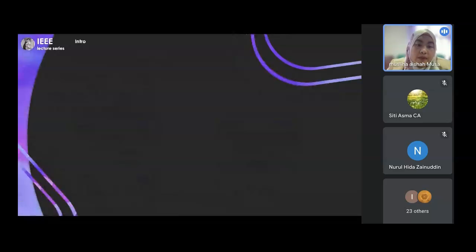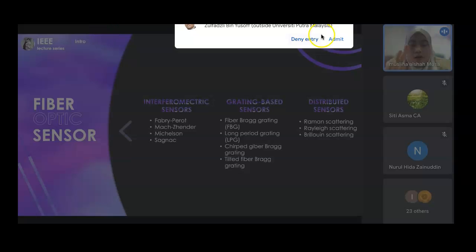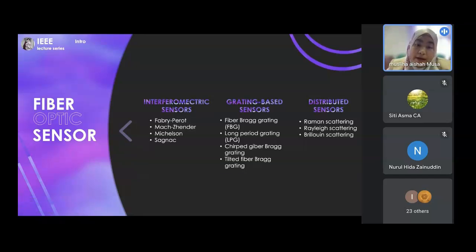Okay, fiber optic sensors. The interferometric sensor has 4 types, which are Fabry-Perot, Mach-Zehnder interferometer, Michelson, and also Sagnac. For the grating based sensor, there is the fiber Bragg grating, the long period grating, and the chirped fiber Bragg grating.